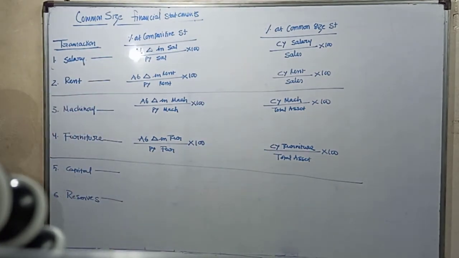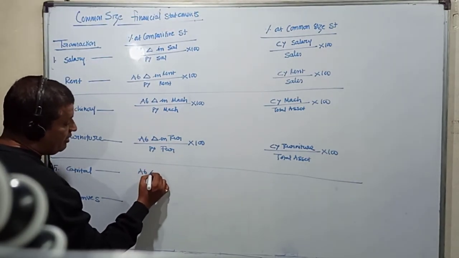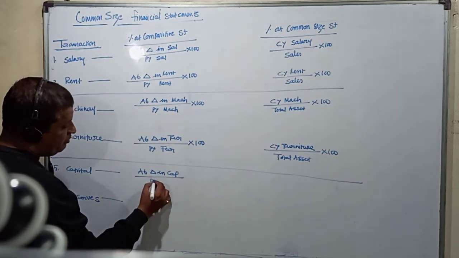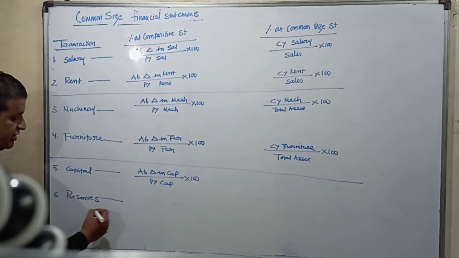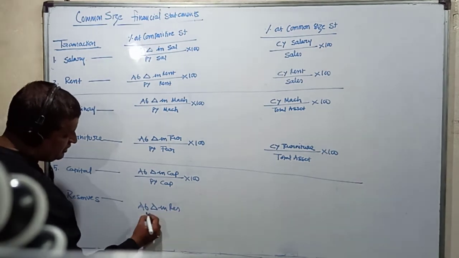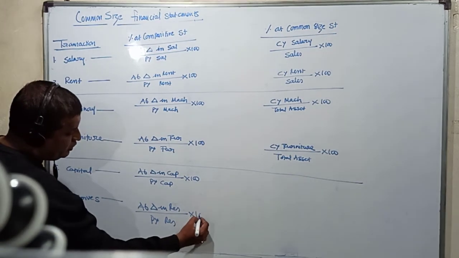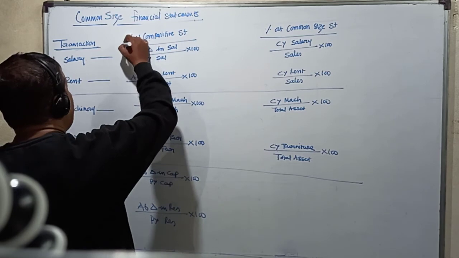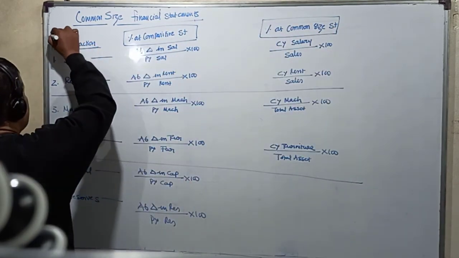Now let us come to the liability side, that is capital. How do you get the percentage in comparative? Absolute change in capital divided by previous year capital into 100. Say for reserves, absolute change in reserves divided by previous year reserve into 100. Now for the common size statement, how do you get the percentage?